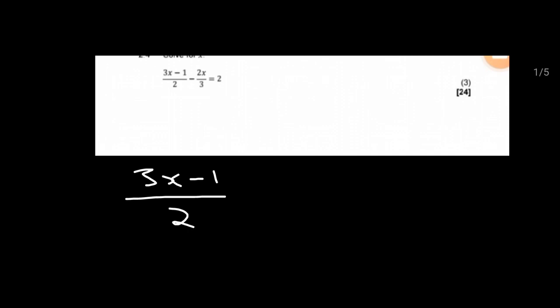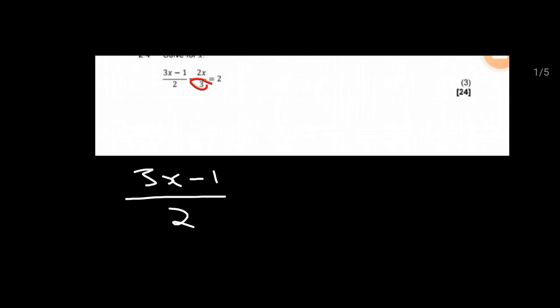So we're going to look at the first fraction, which is (3x minus 1) over 2. Then we check what this fraction needs compared to the other one. The other one has a denominator of 3.